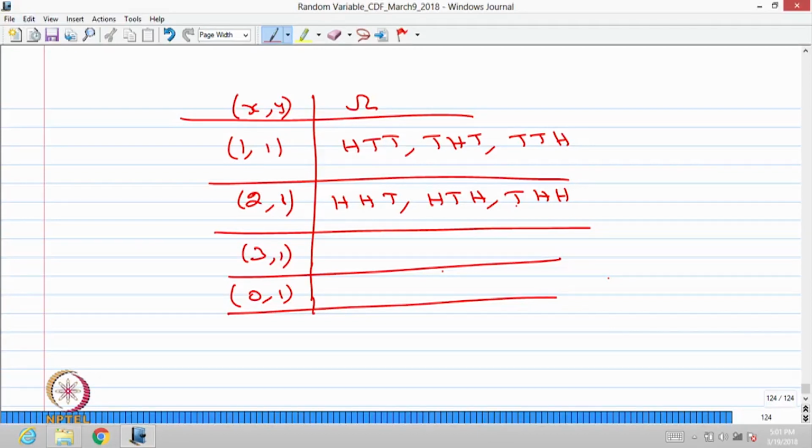If you go for 3 comma 3, the number of heads is 3 and the absolute difference between heads and tails is also 3. That is possible with head, head, head. Similarly, you can go for 0 comma 3.